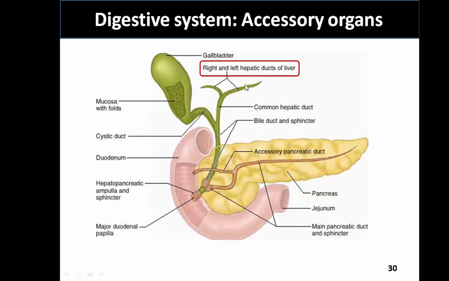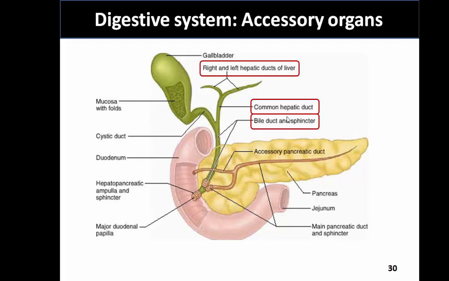And although it's not pictured on this diagram, the liver will produce compounds that will move eventually into the small intestine through the right and left hepatic ducts. The common hepatic duct is a tube that results from fusion of the right and left hepatic ducts into just one common tube coming from the liver.